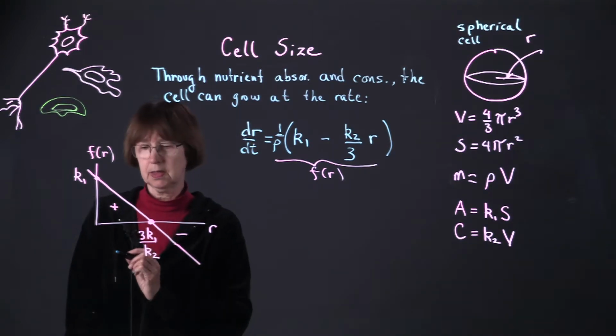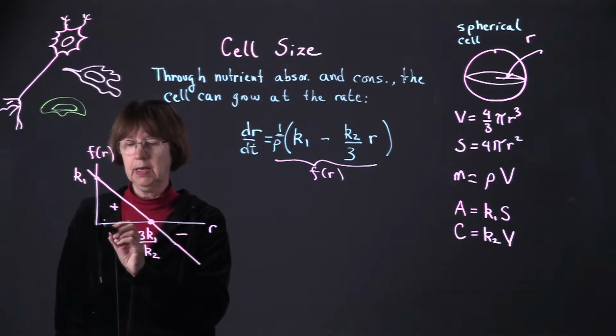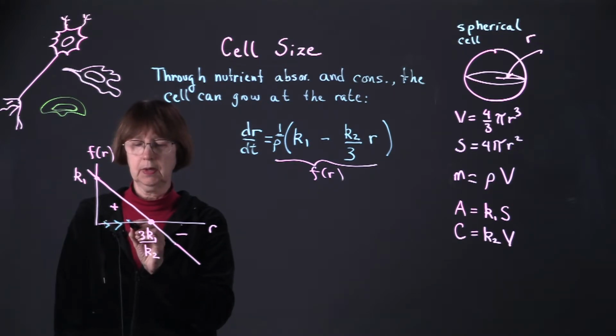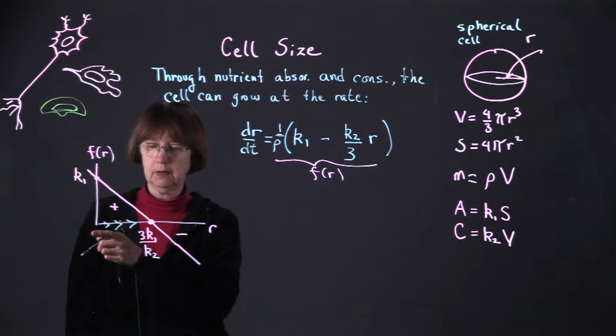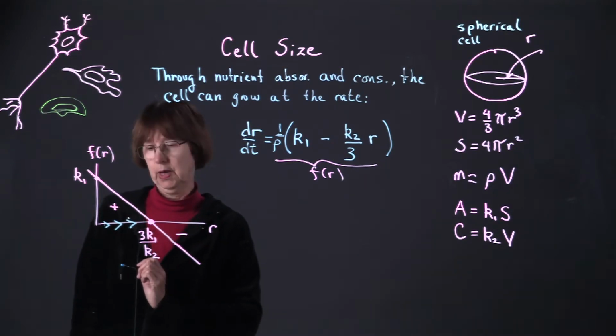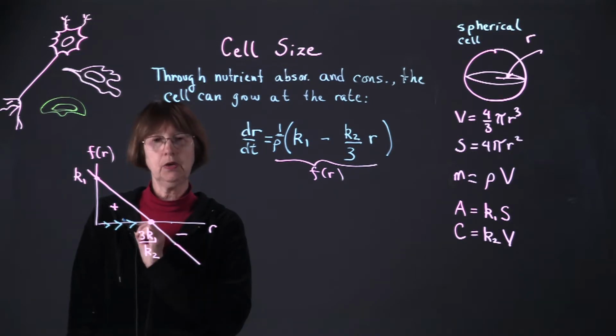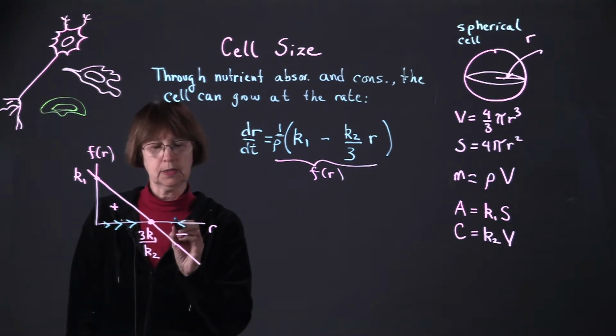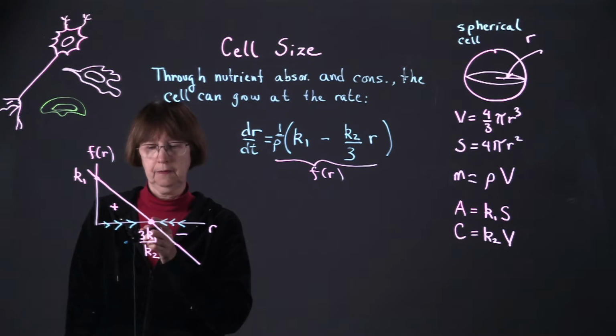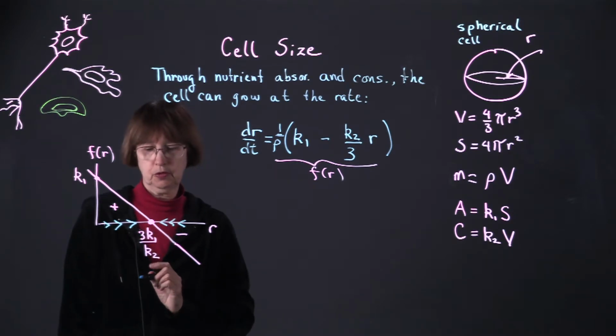So that tells us that any initial radius starting in this range will increase. Its rate of change will be positive. It'll go towards higher radius values. Any initial cell sizes over here, on the other hand, will decrease, leading the cell to approach this radius.